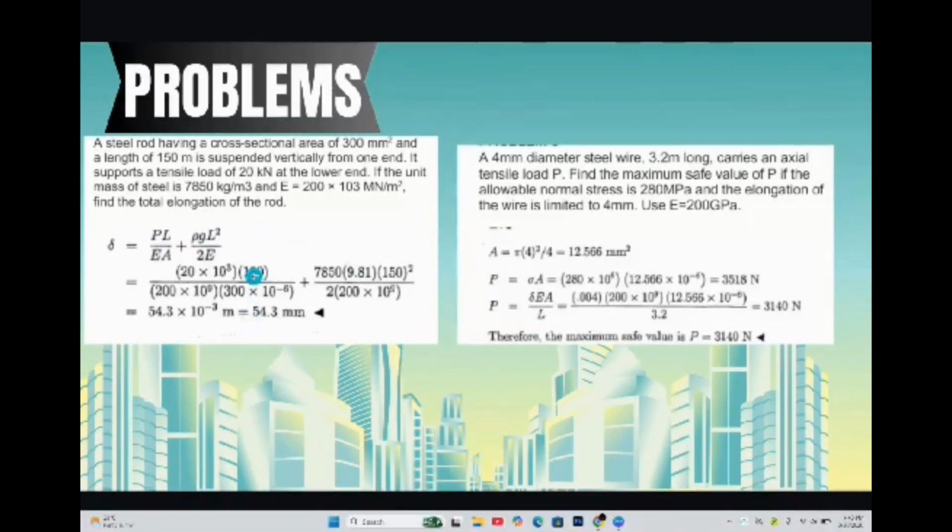So just like what I said earlier, we can use this formula when the problem is given a mass or density. The density in this problem is 7,850 kilogram per cubic meter, and the unknown is the elongation of the rod.